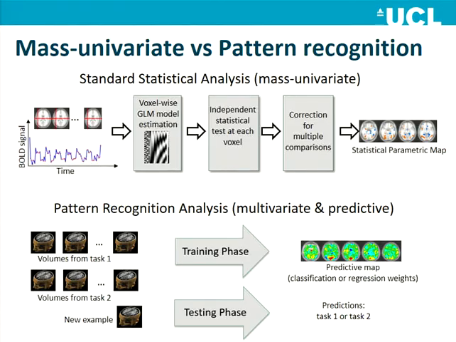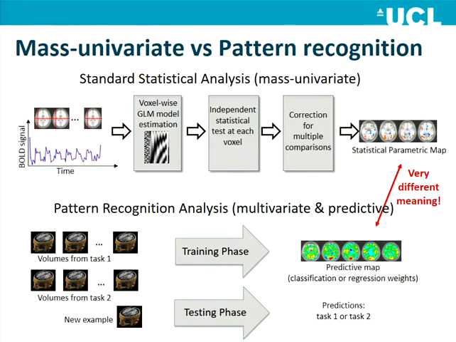And again, here we also have as output, let's see if I can emphasize here. In both cases here, we have maps, but one point I want to make is that once we have our predictive function, we can visualize a map that you'll be hearing a lot about today, but I just briefly mentioned that, we can think of it as a predictive pattern, but it has a very different meaning from the mass univariate analysis, because with the statistical parametric map, we did a test at each voxel, and we can make inference at this single voxel level.